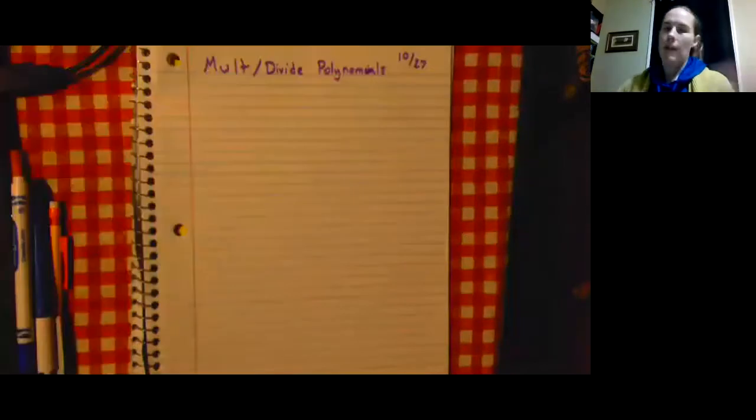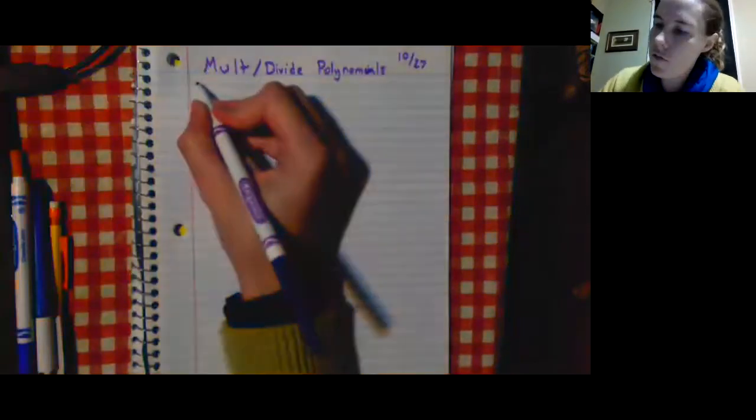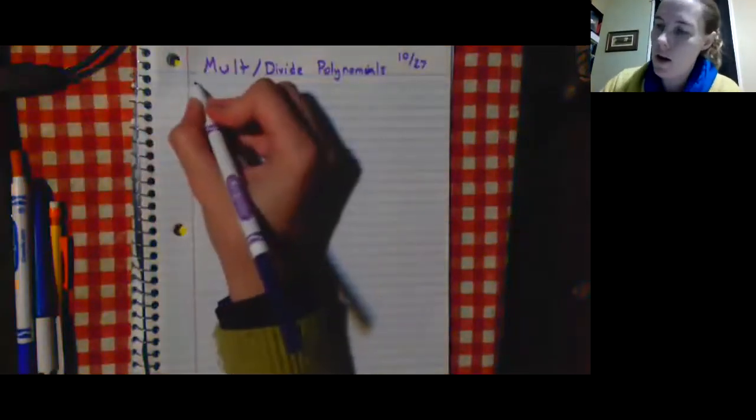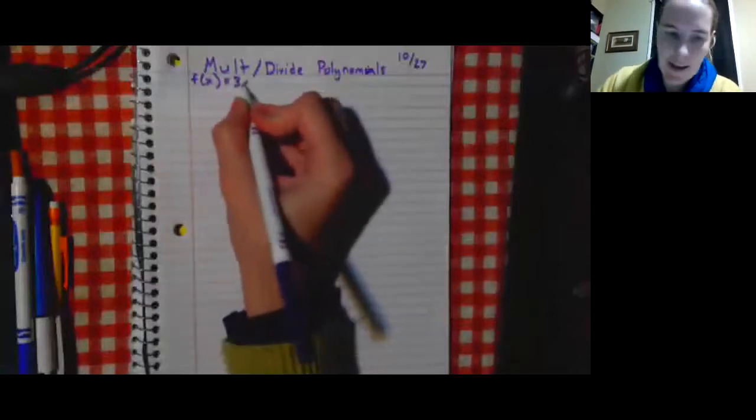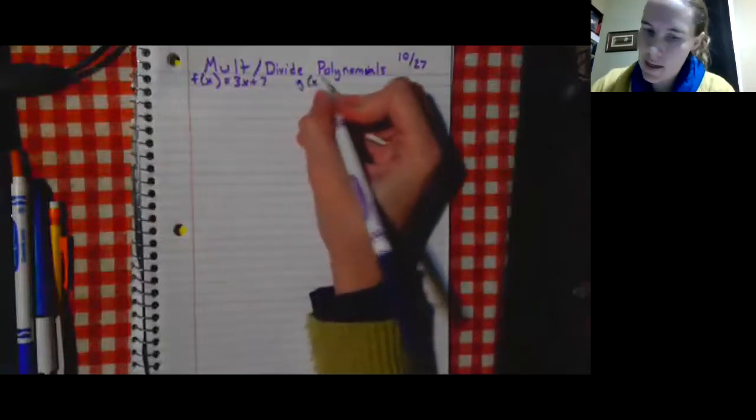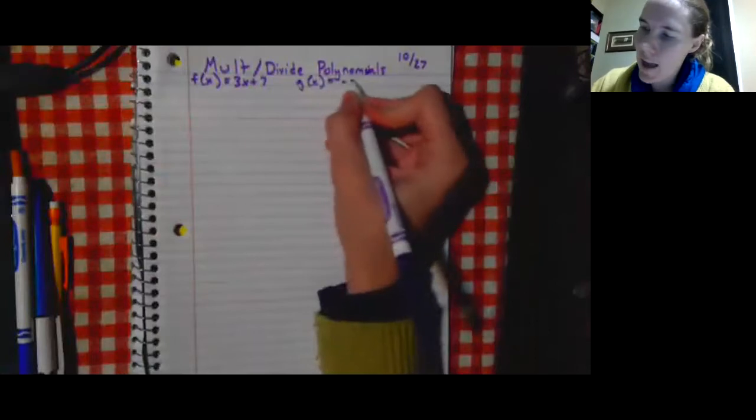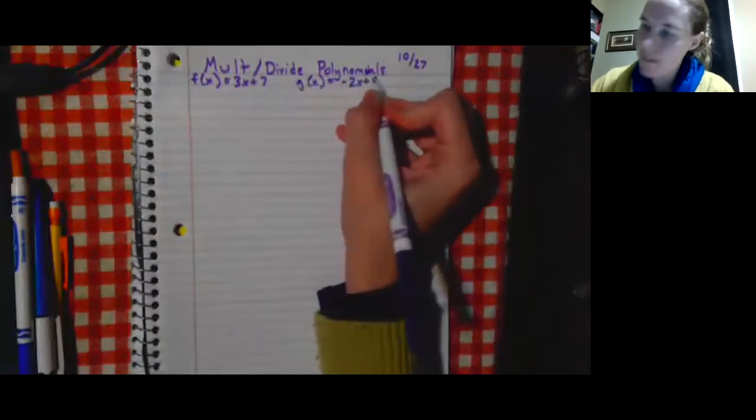So the first thing we're gonna do is we're gonna work with different types of functions. So the first function we're gonna be working on is, say, f of x equals 3x plus 7. The next one we're going to be working on is, say, g of x equals negative 2x plus 9.